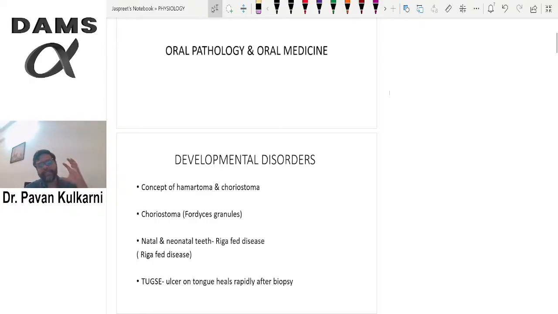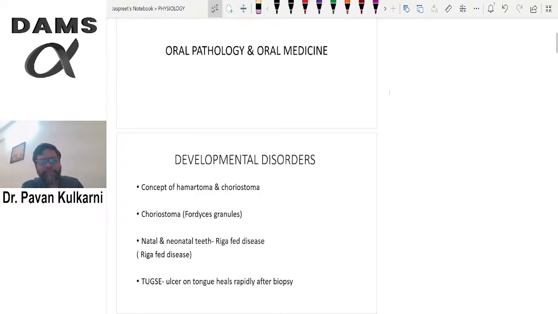In a syndrome, what is expected is that you should know the diagrams, images, and the important components of the syndrome. For example, for Pierre-Robin sequence, I am supposed to know that there is micrognathia, glossoptosis, and cleft palate. So I should understand the image and the components. That is about the syndromes.